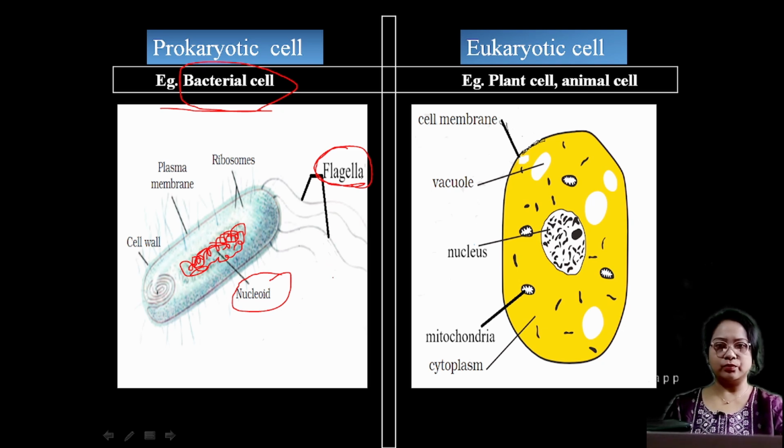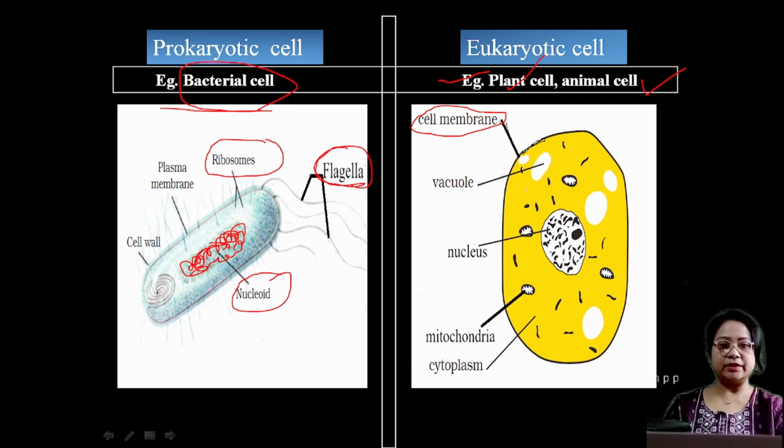Those ribosomes, as you have seen, are common in prokaryotic as well as eukaryotic cells. And in eukaryotic cells, like for example plant cell and animal cell, you can see there is the plasma membrane or the cell membrane, but as I already told, you can find the cell wall in a plant cell, but you cannot find a cell wall in an animal cell.